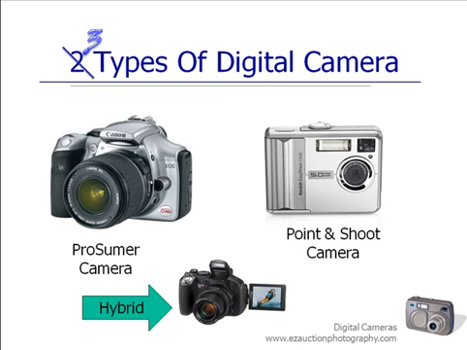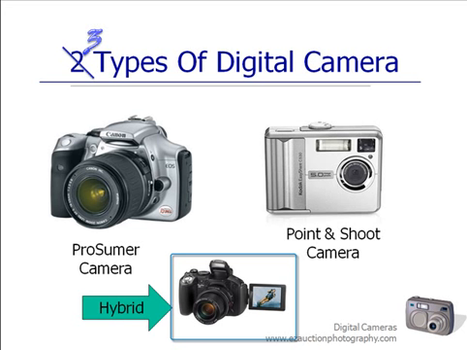Now, there were a lot of people who wanted something a little bit more than a point and shoot camera, but they didn't want to carry around a heavy camera or a camera bag filled with different sorts of lenses and different accessories. So to answer that need, the camera manufacturers created a new sort of camera. It's sort of a hybrid between the two.